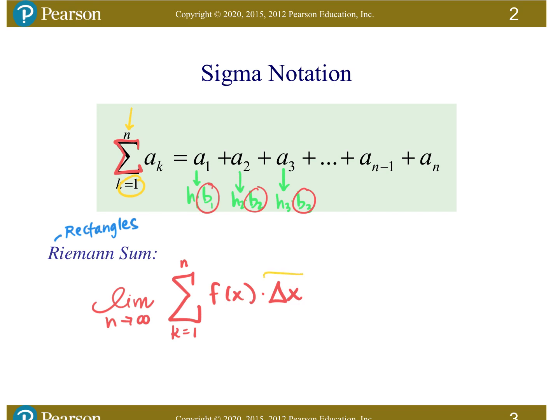Now it's key for you to understand that this constant is found by taking the bounds of b minus a, so that's the length of the entire interval, and dividing it by how many you have. And so that's a fixed value. And so if your n is really high, then of course your constant is going to be really, really low, really small. And that's the idea. We want it to be as small as possible.